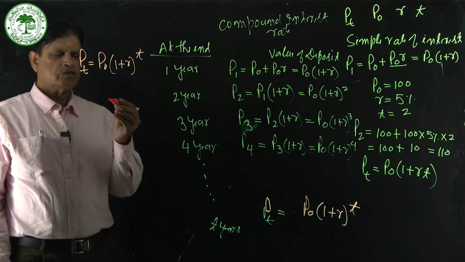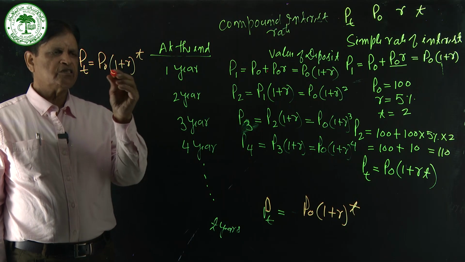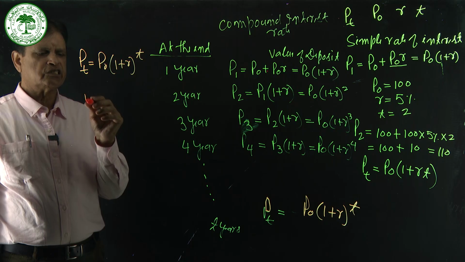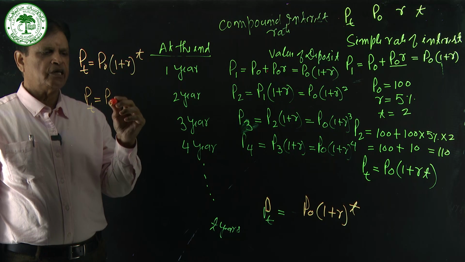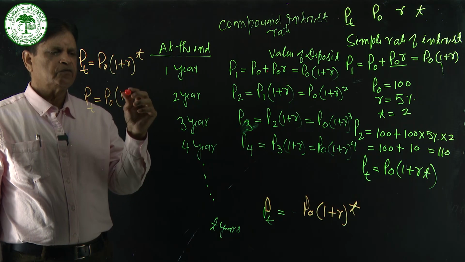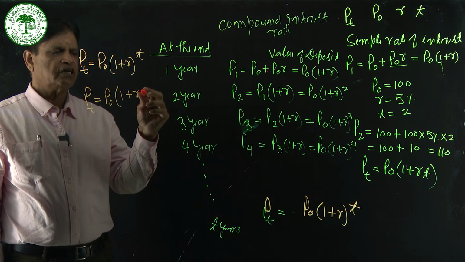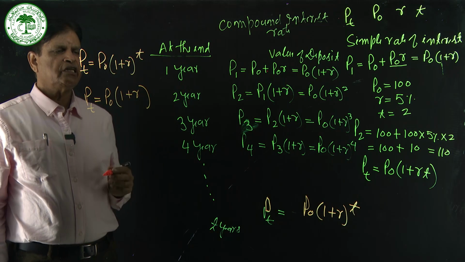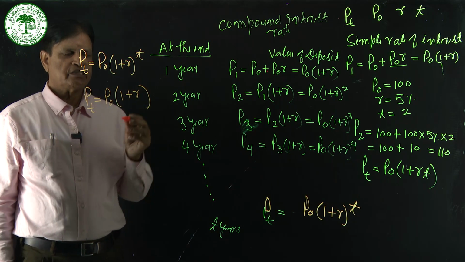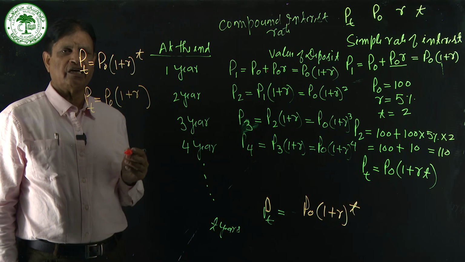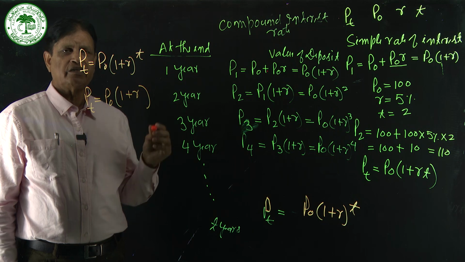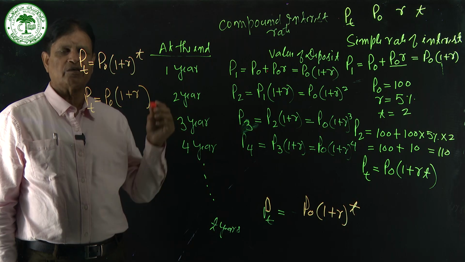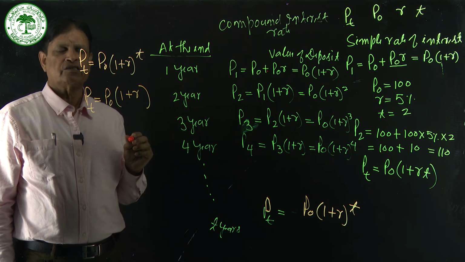Now, this will be the case when the compounding is taking place annually. Suppose compounding is taking place half yearly, that is, interest is calculated 2 times in a year. That is 6 monthly, after 6 months interest will be calculated, and then interest income will be added to the principal amount, and then interest will be calculated for the next 6 months.